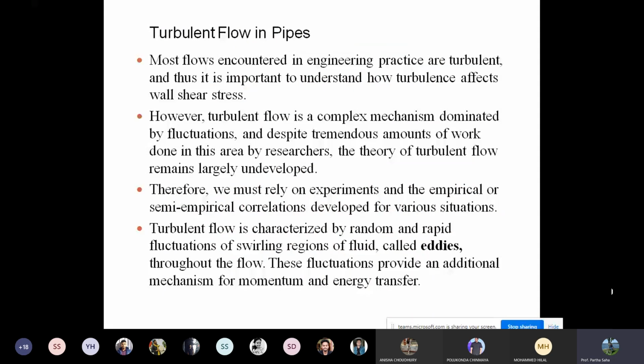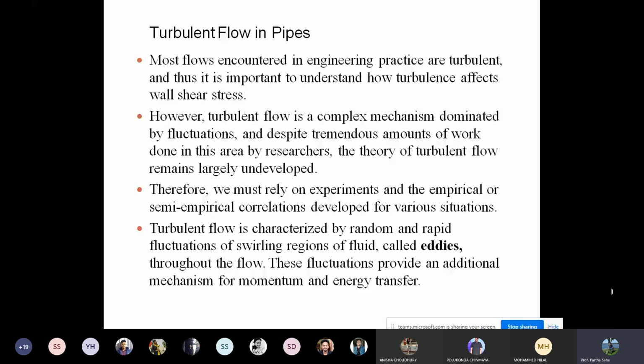If you remember, in the initial classes I talked about how most engineering applications deal with turbulent flow, because it's very difficult to maintain laminar flow unless the fluid is very highly viscous and flowing through short tubes with small diameters.